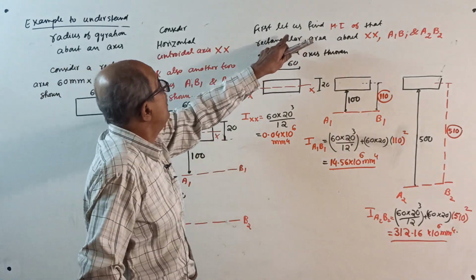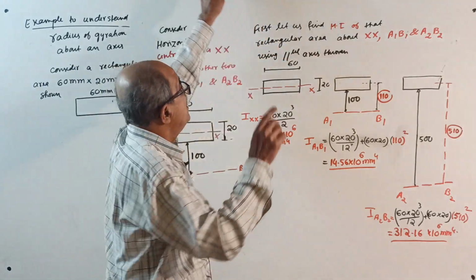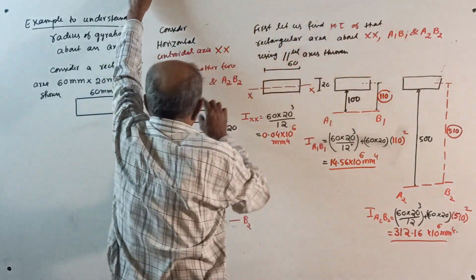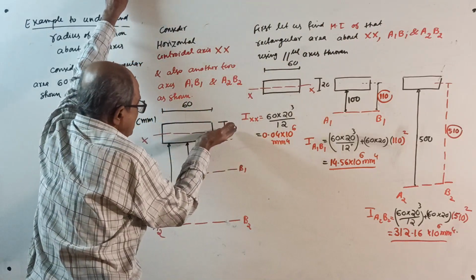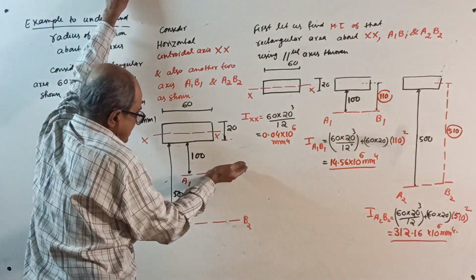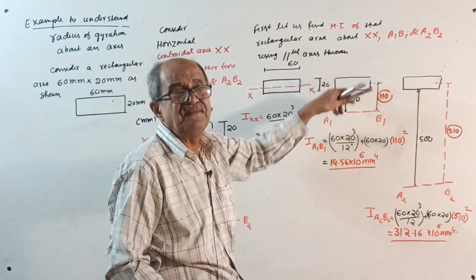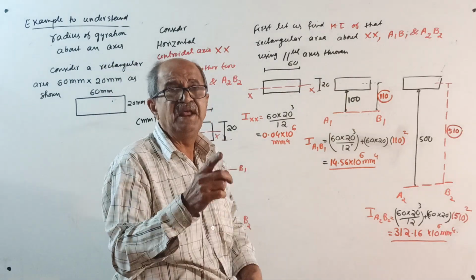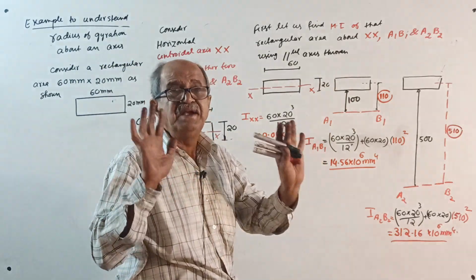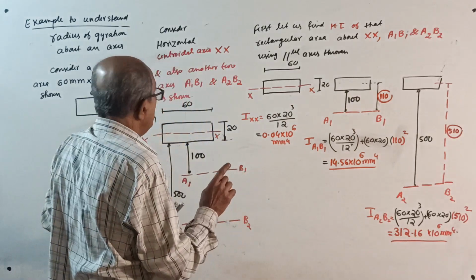Now, first let us find the moment of inertia of that rectangular area about XX, then about A1, B1 and A2, B2 using the parallel axis theorem, or you can do integration also. I will tell integration first, for those who are interested.